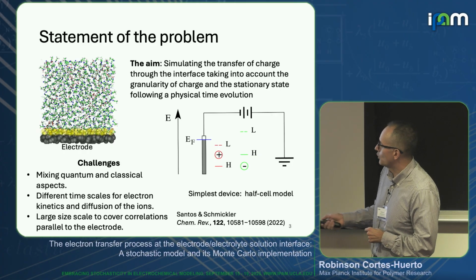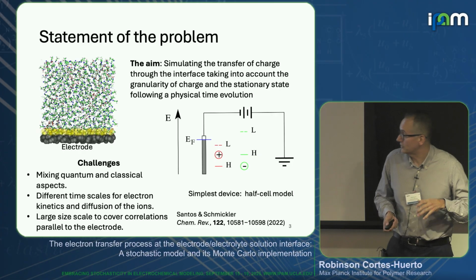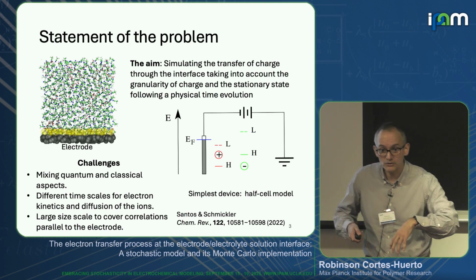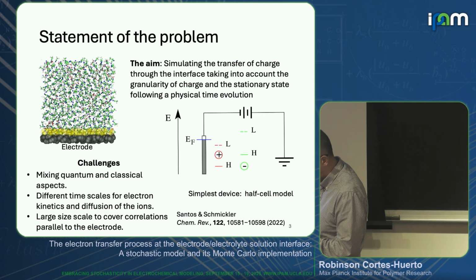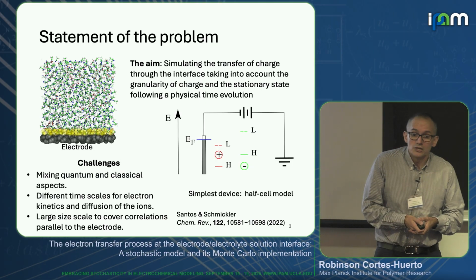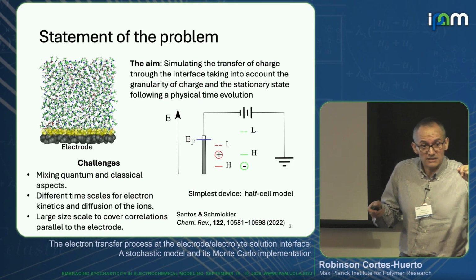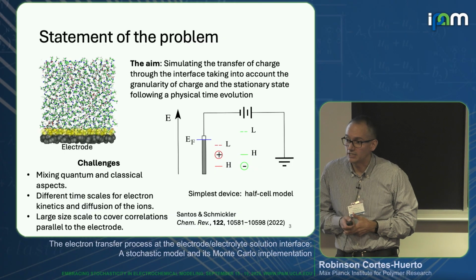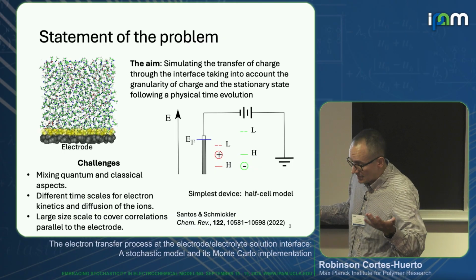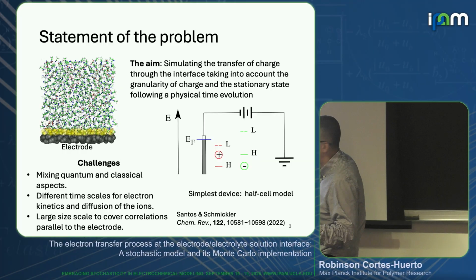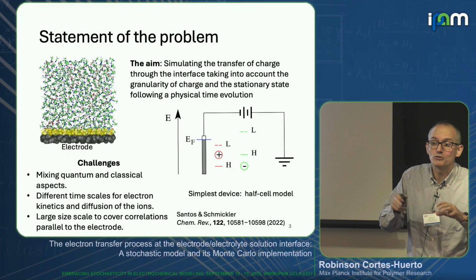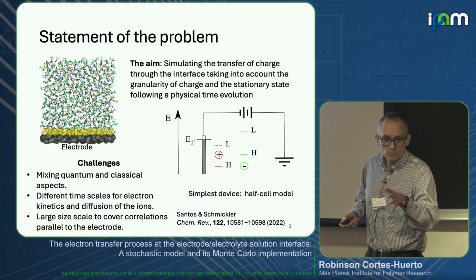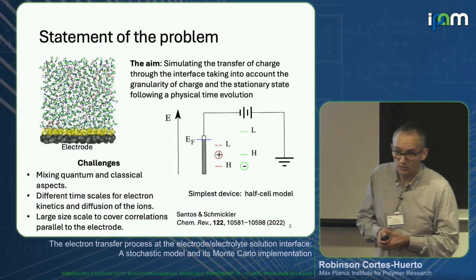This is very important. There is a different time scale for electron kinetics and diffusion of the ions. This comes from Marcus theory. There is an energy barrier for the electron to jump into the ion, and this energy barrier could easily be larger than eVs. That means that we are dealing with some sort of rare event whose scale is of the order of nanoseconds.